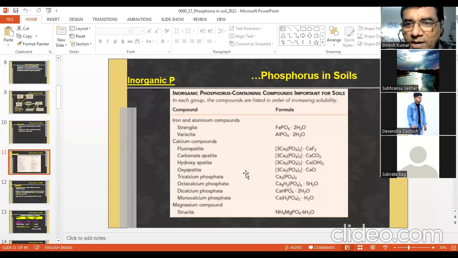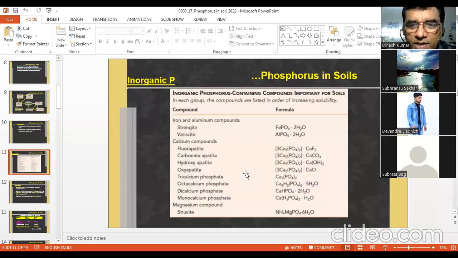Now coming to apatite, there are varieties. If fluoride is there, it will be fluorapatite. If carbonate is there, it will be carbonate apatite. If hydroxyl is there, it is hydroxyapatite. Similarly, if calcium oxide is there, it will be oxyapatite. After apatite comes tricalcium phosphate, which is also there in our bones and teeth.